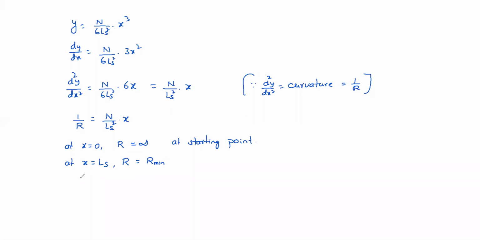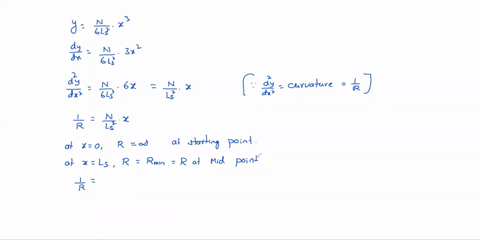So substitute there, 1 by r equal to... Okay, here, 1 by r equal to, that r is the radius at the midpoint of the curve.